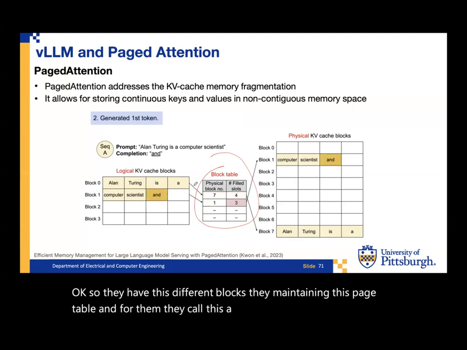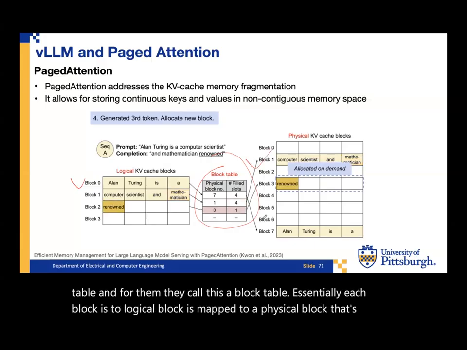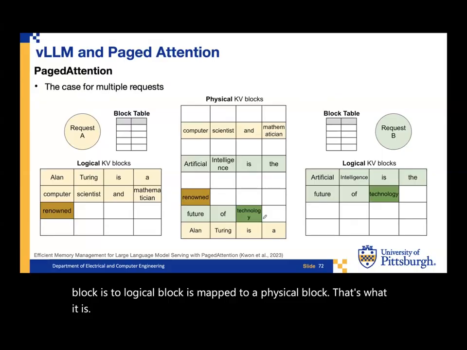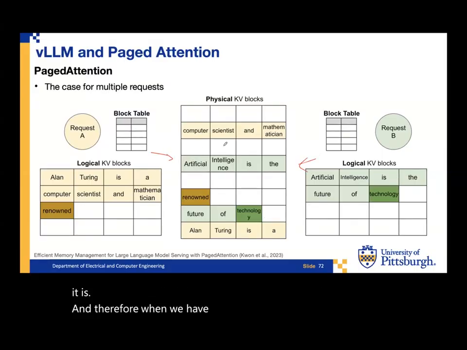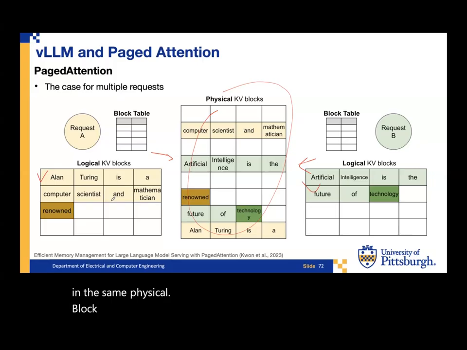Essentially, each logical block is mapped to a physical block. Therefore, when we have two requests, both of them can share the same physical block, but logically each of them has its own, and you don't need to reserve anything because it's more like an on-demand request, right?